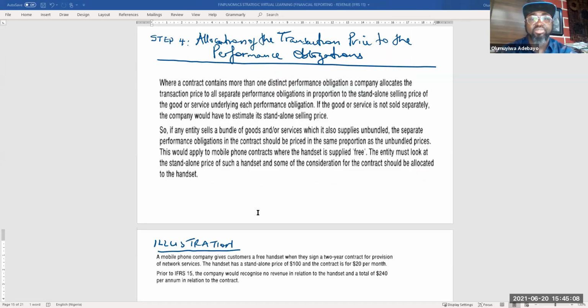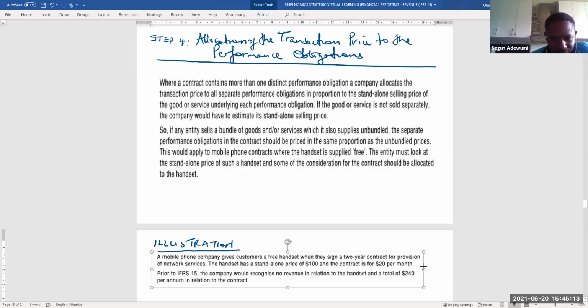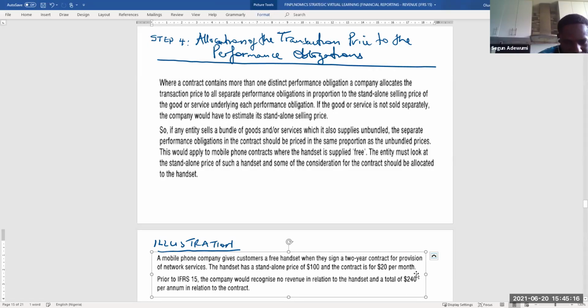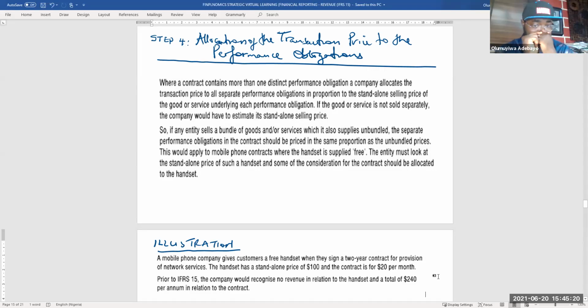Now let's look at this illustration. Anne, can you read the illustration? And let us attempt solving it. Illustration. A mobile phone company gives customers a free handset when they sign a 2-year contract for provision of network services.